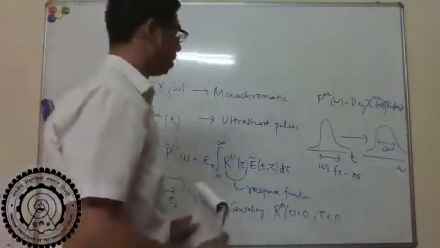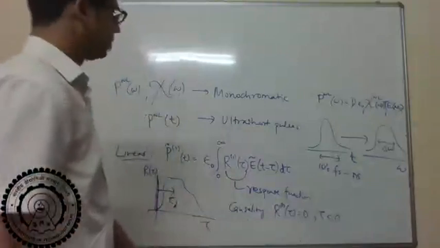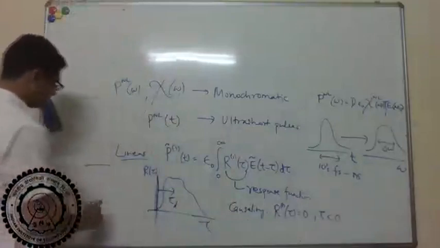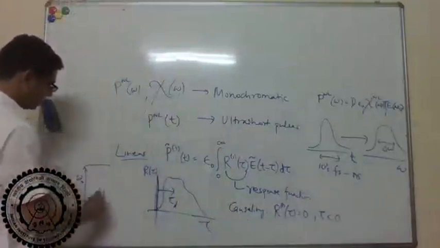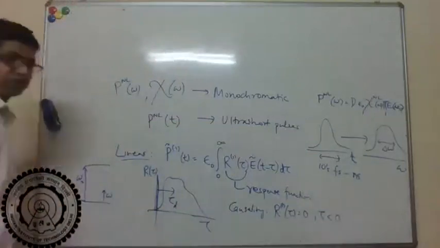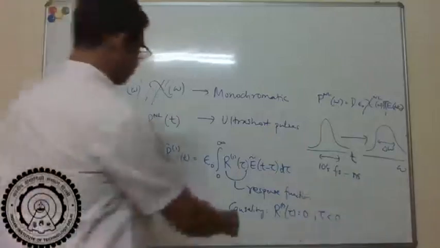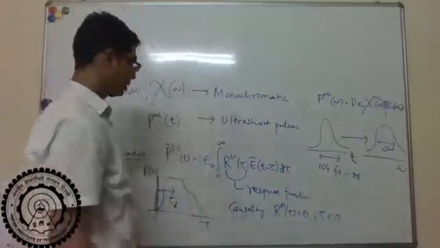And typically, most of the time, basically what we do is, especially when we are working far off resonance, right? So if omega naught is some resonance frequency, and we are working at frequencies which are far away from that resonance, then typically this response function looks almost instantaneous.